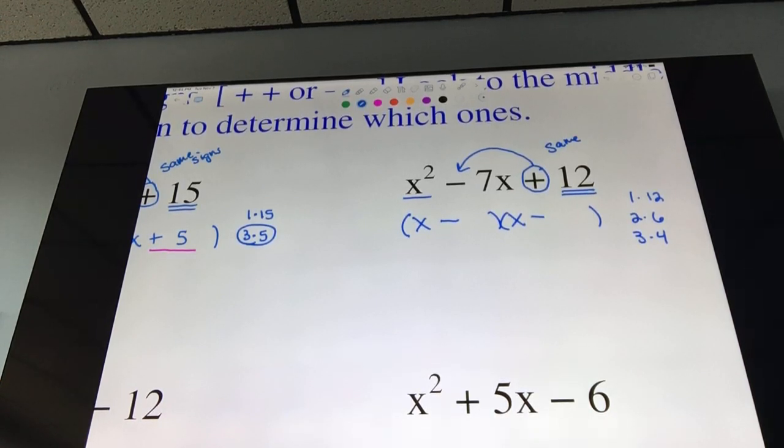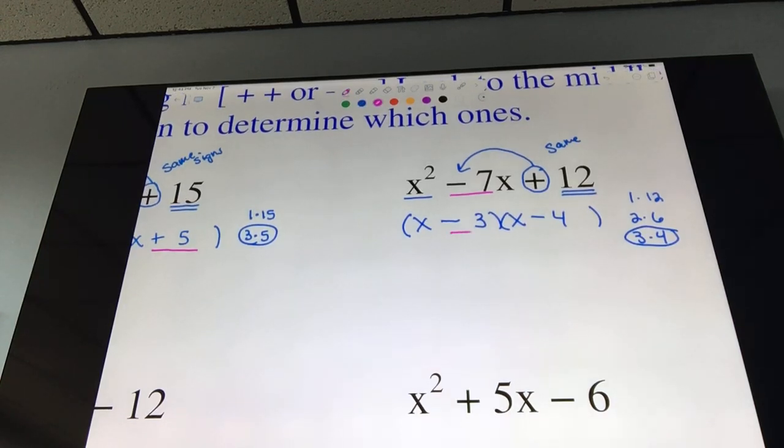So I have 3 pairs of numbers, and I'm looking for the pair that's going to give me -7. So the two numbers that give me 7 together are those two. So 3 and 4, it doesn't matter which one you put first, give me my -7.